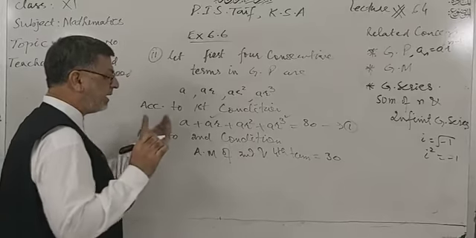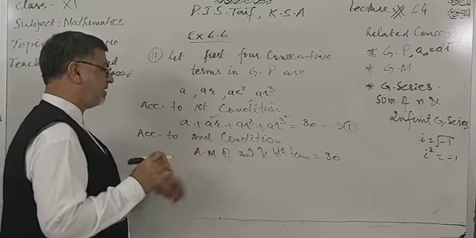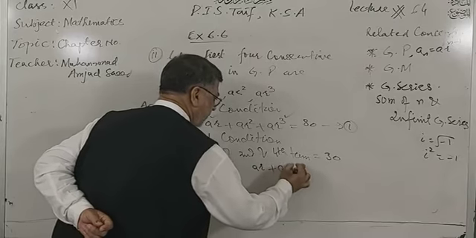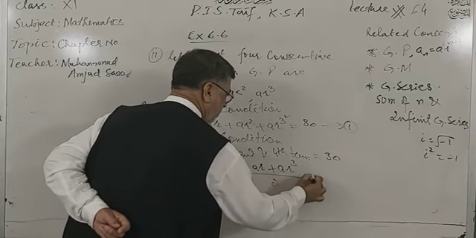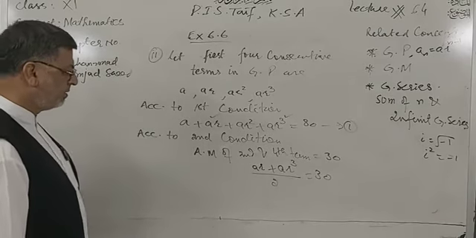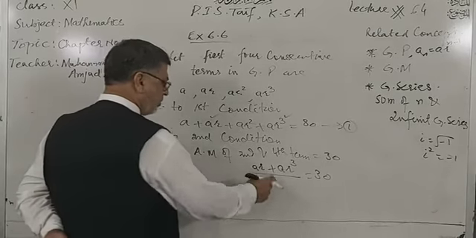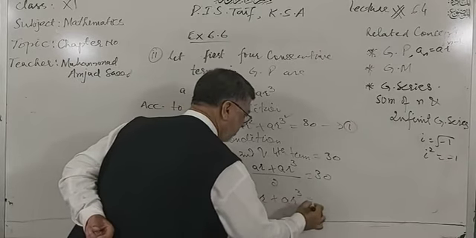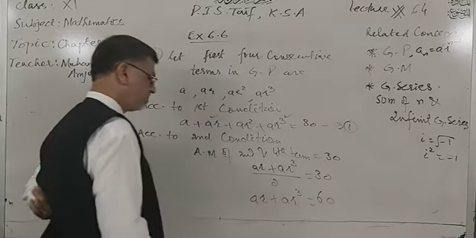So what is meant by arithmetic mean between second and fourth term? That is (AR plus AR cube) over 2 is equal to 30. Dear students, you can take 2 on the right hand side. AR plus AR cube is equal to 60.